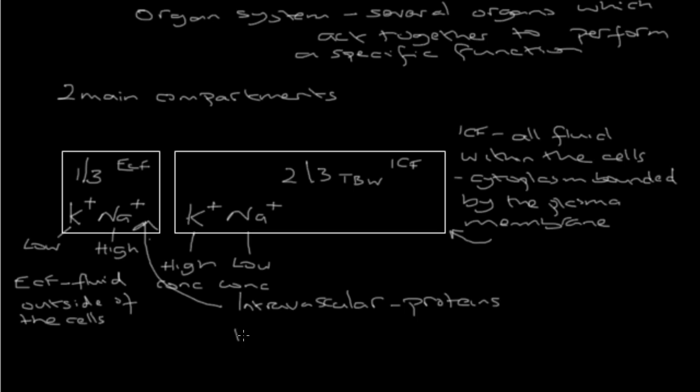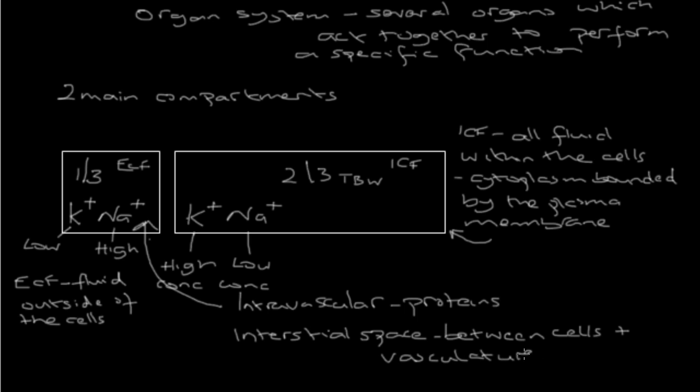And then you've got the interstitial space. And that's the space between the cells and the vasculature. So that's between the cells and the vasculature. And this is usually filled with a connective tissue.